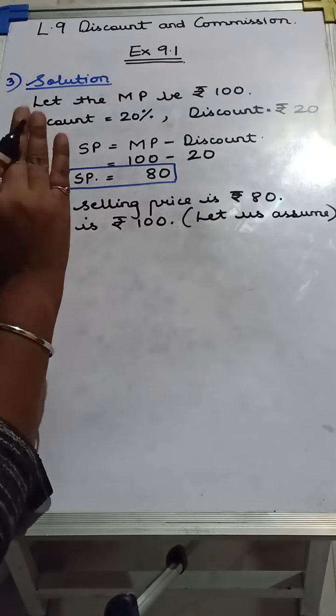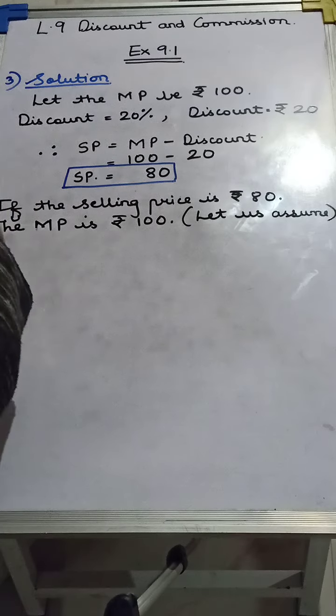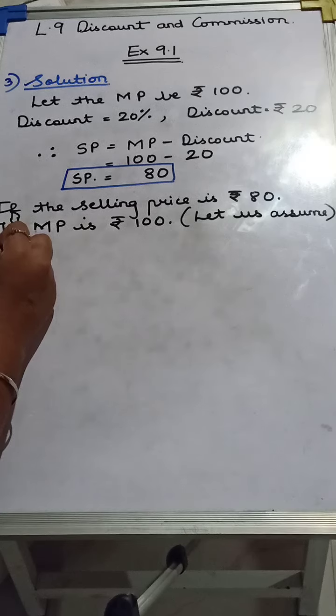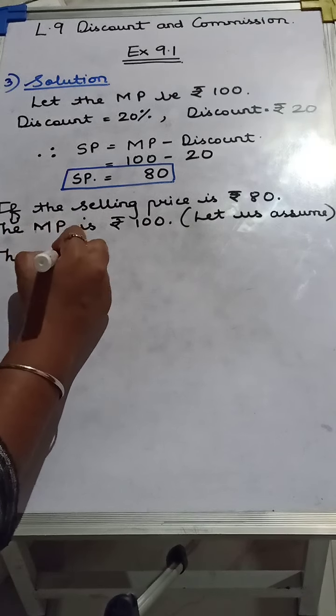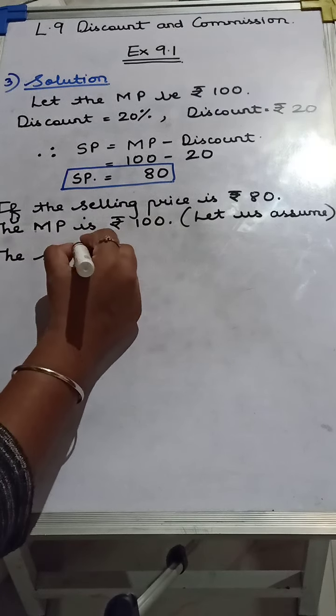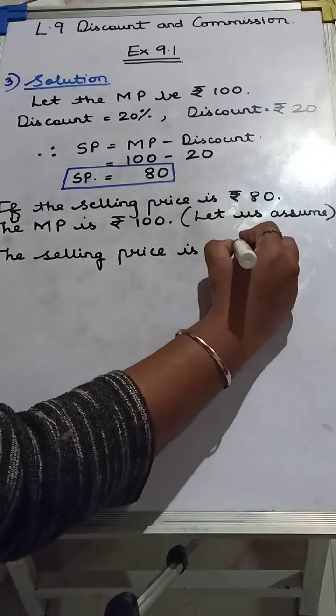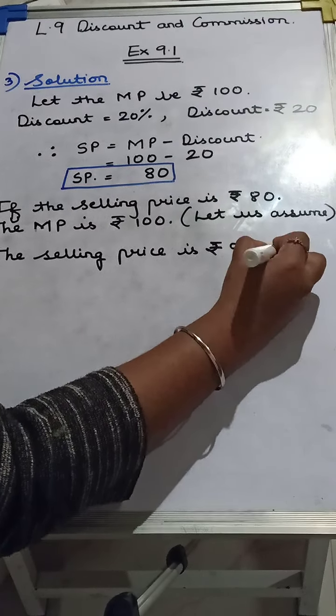Now we are going to take the actual one that we have to find. So here we will write the selling price is rupees 900.